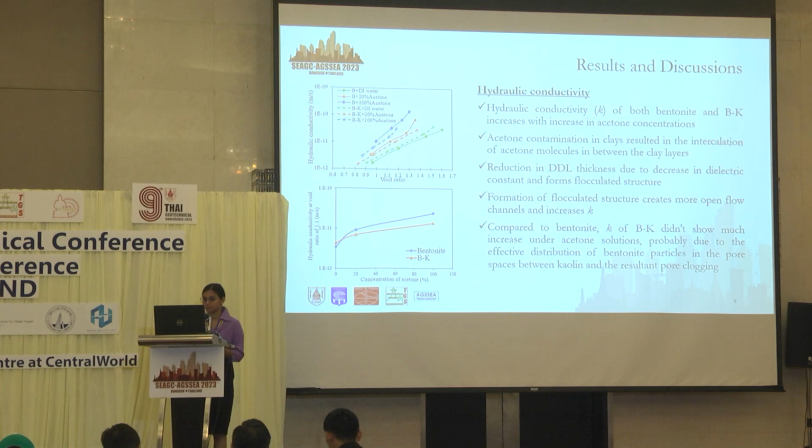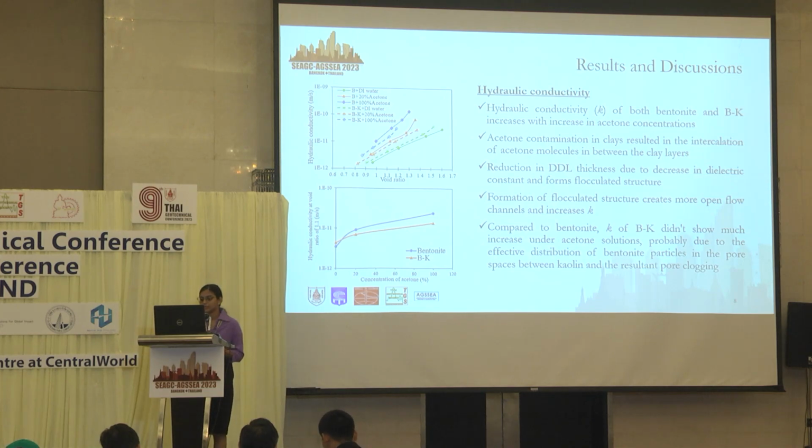From the graph we can see that in the case of distilled water, both materials showed almost comparable hydraulic conductivity, which is also found in previous literature. In the case of higher concentrations of acetone, BK mixtures showed a little lower hydraulic conductivity values than bentonite.